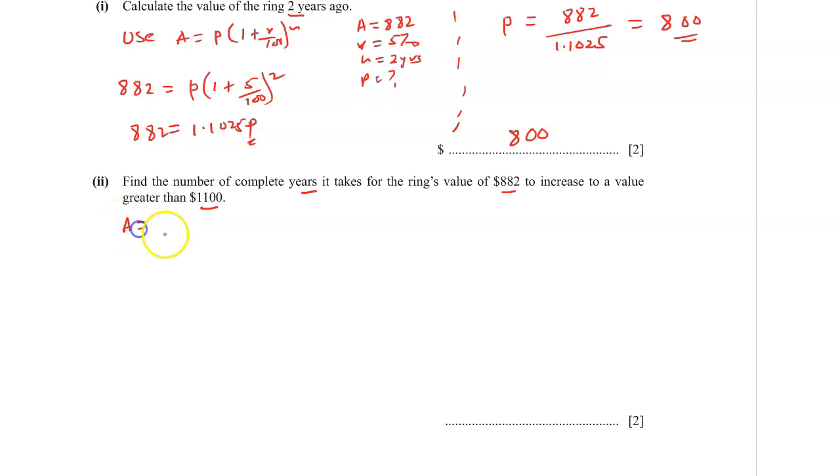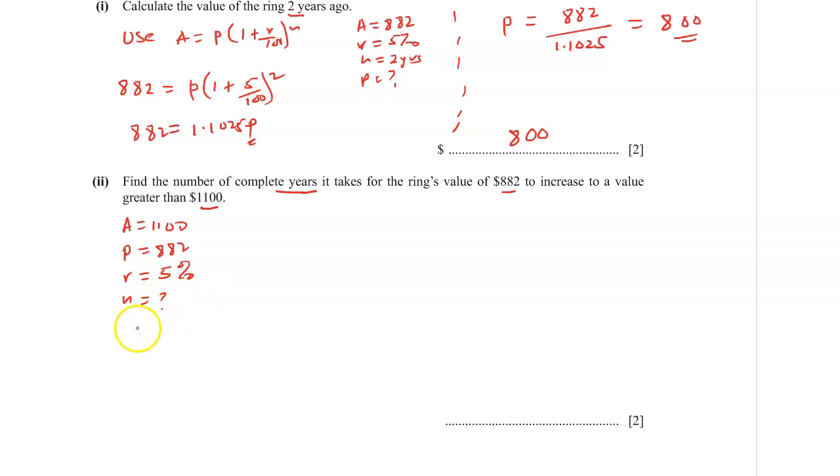So we are given A to be 1100, P is 882, R is 5%, and N is the number of years, the number of complete years.